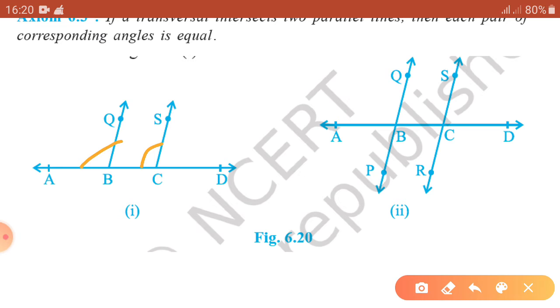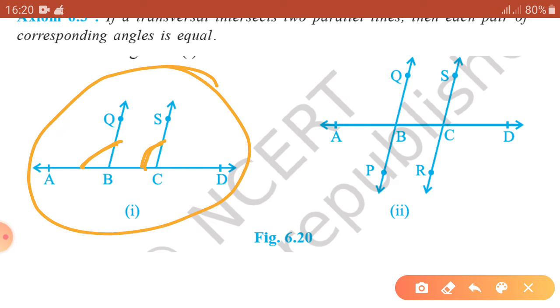So angle ABQ and angle BCS are equal to each other, as shown in figure number 6.20, that is this figure.